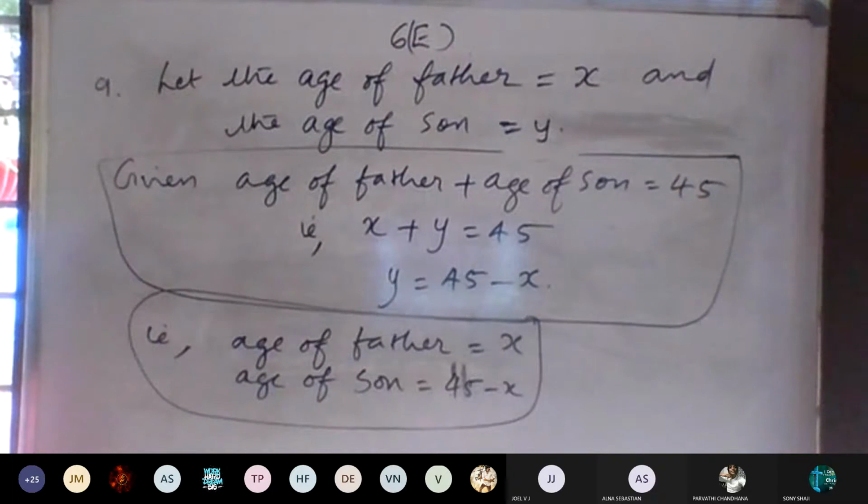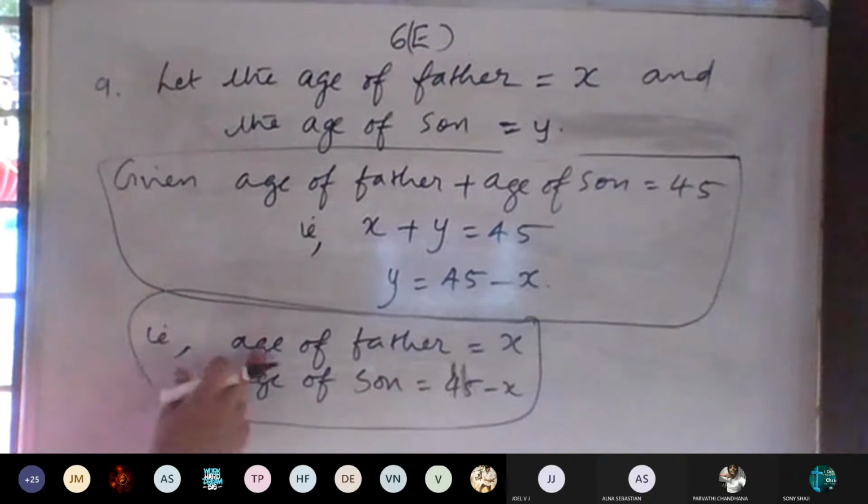5 years ago, what will be the age of father and what will be the age of son? This is the present age.